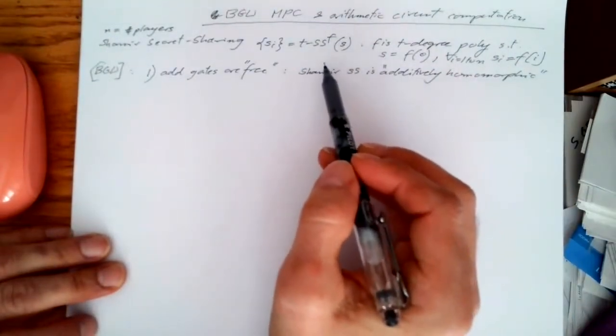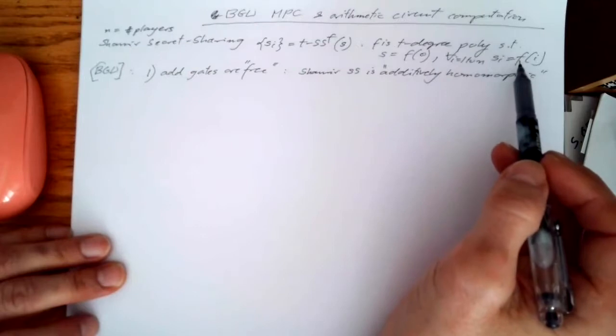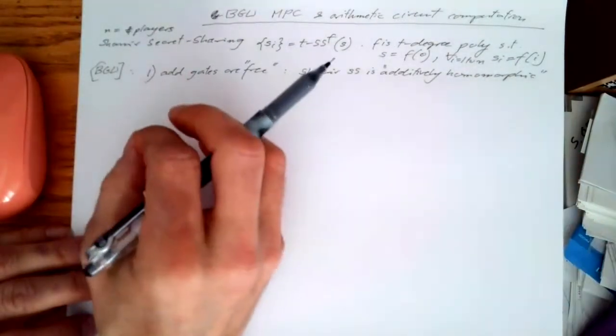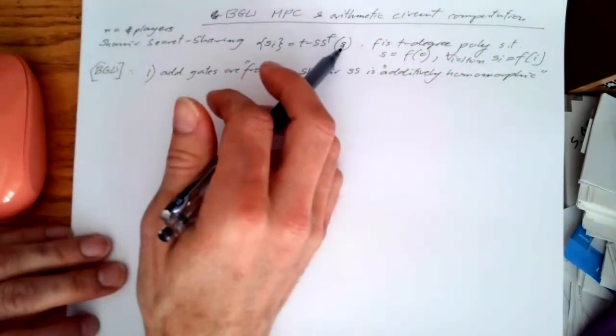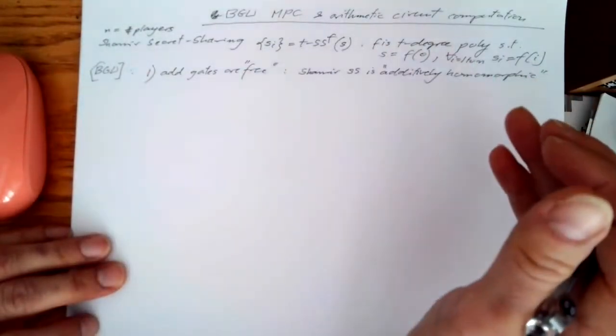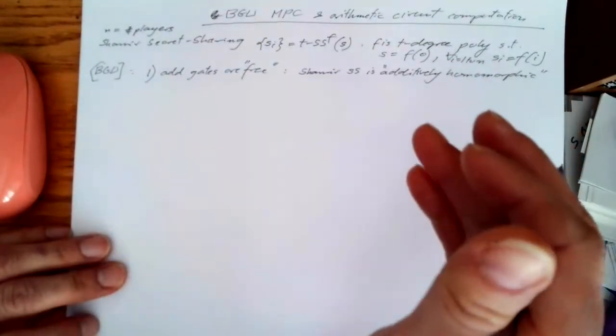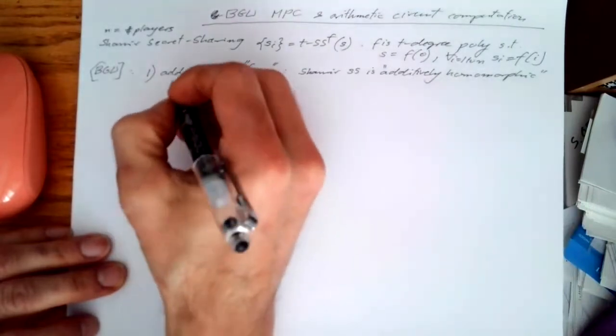okay, it is a transformation from secrets, which are values that you share, to shares, and this transformation is additively homomorphic. In what sense?